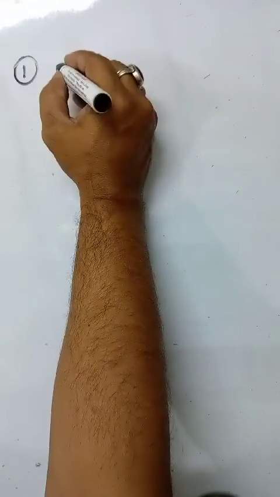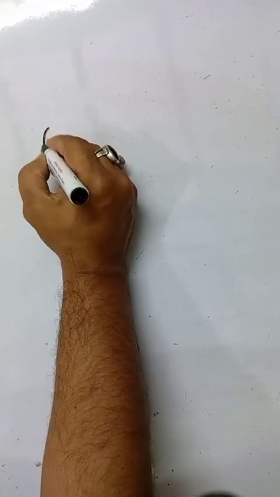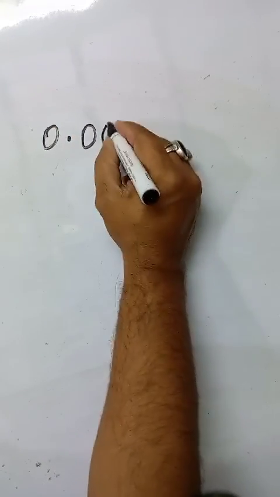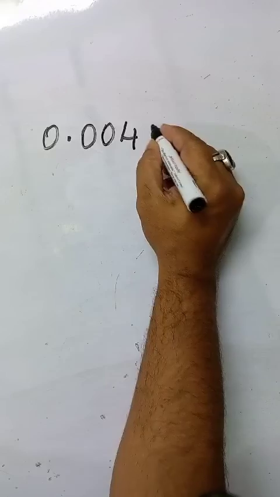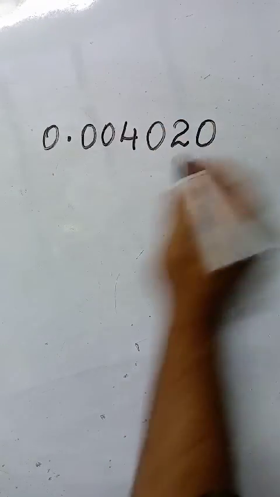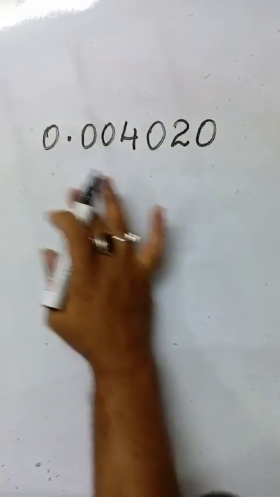So let us talk about a number first. Let's say I have 0.00402. There is a particular reason why I have selected such a number.